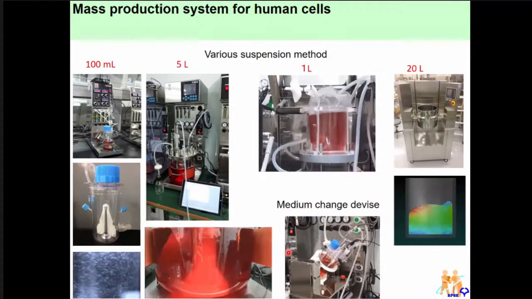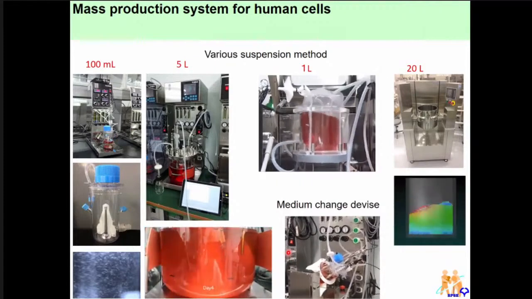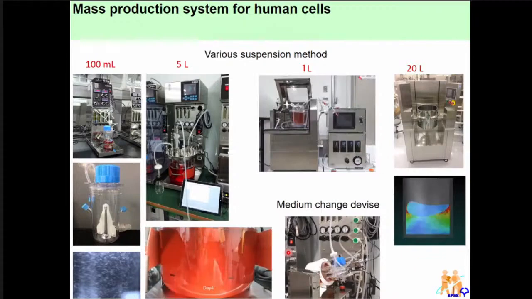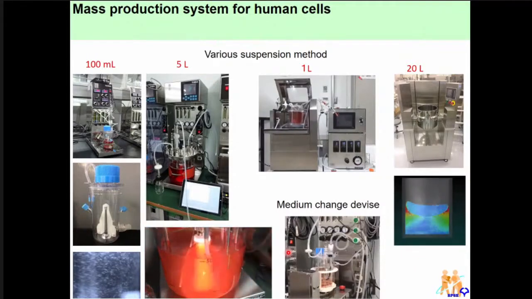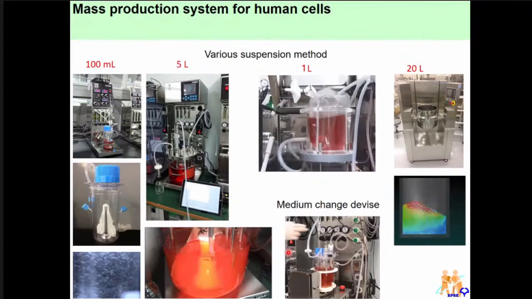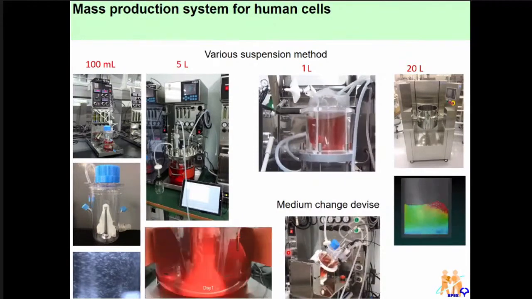Only mammalian cells, human cells, have medium change. Okay, because the development of the medium is not perfect. We have to replace the medium every 2 days, or sometimes every day, sometimes every half a day.